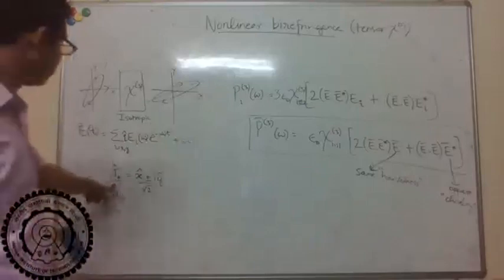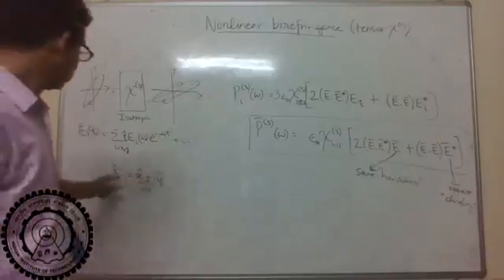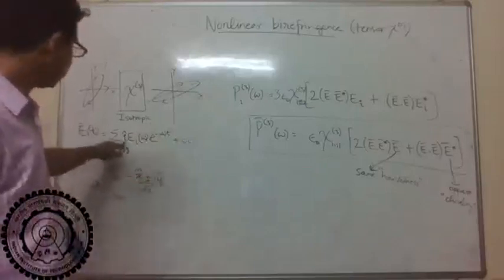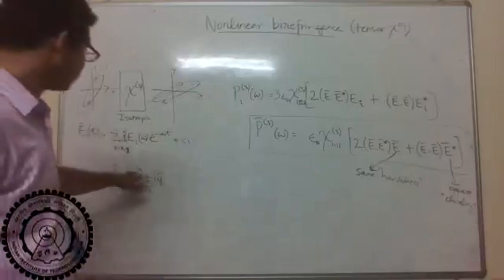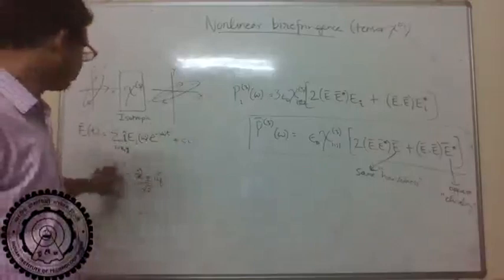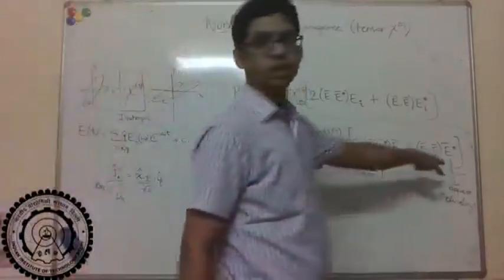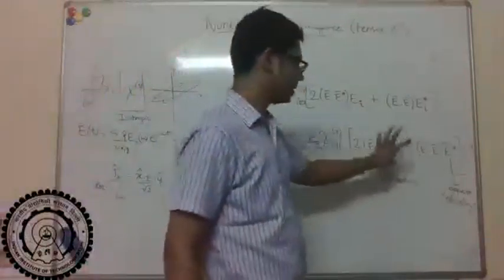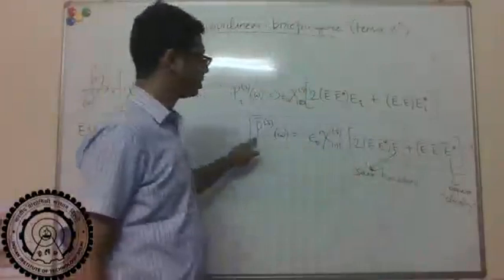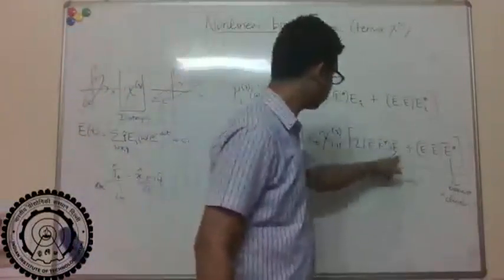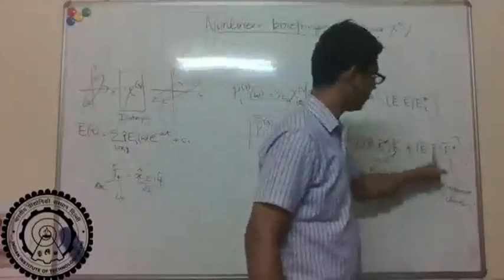And so here you can see that if I have sigma plus, I have x plus iy. If I take the conjugate, that becomes x minus iy, which becomes sigma minus. So that is what we mean by handedness here. So if E has some sigma plus component, then the polarization induced has a sigma plus component, the same handedness, plus it has a component which has the opposite handedness, which is sigma minus.